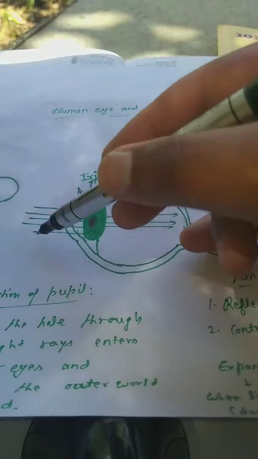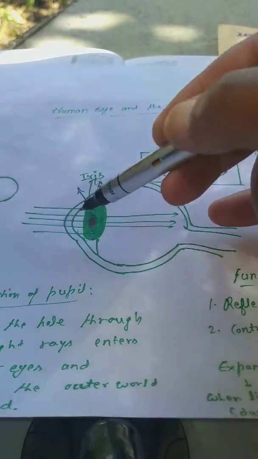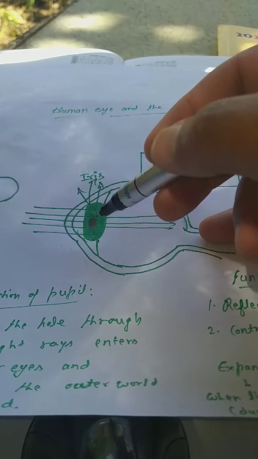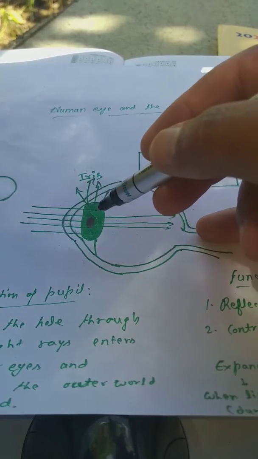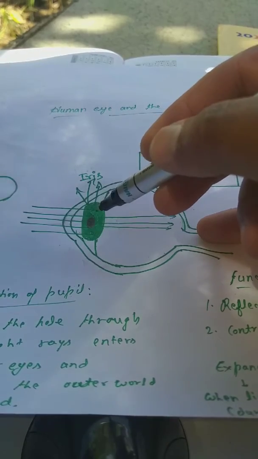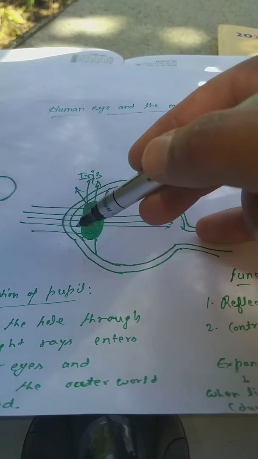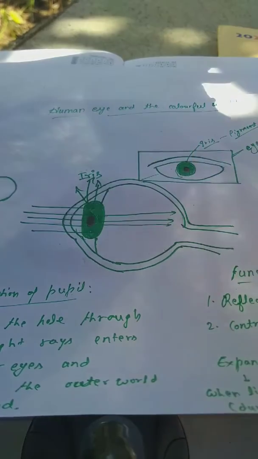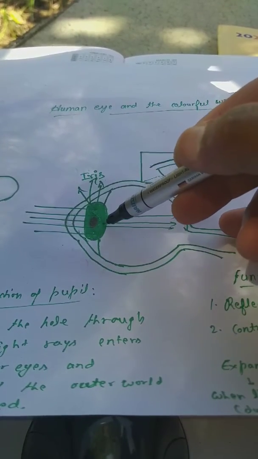If white light rays are incident on the iris, and the pigment in the iris reflects brown color, then this iris looks brown, or we can say brown colored eyes. So this is basically the color of the iris.